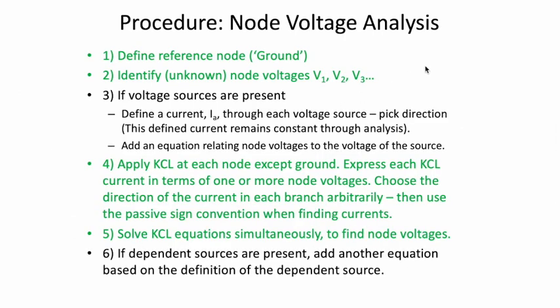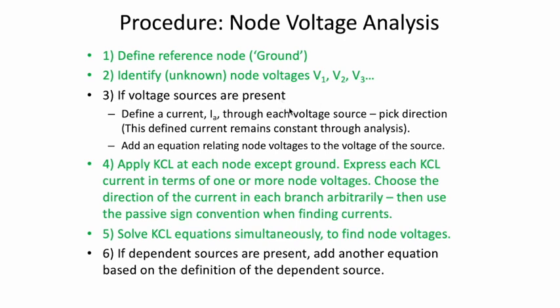Overall, our procedure for node voltage analysis looks like this. Now, we didn't hit every step in this case, but we did touch on the ones in green. First, we defined a reference node. We call it ground. Then we defined the unknown node voltages, which we are ultimately going to solve for, V1, V2, V3, and so forth. Third step didn't come into play because we didn't have a voltage source.